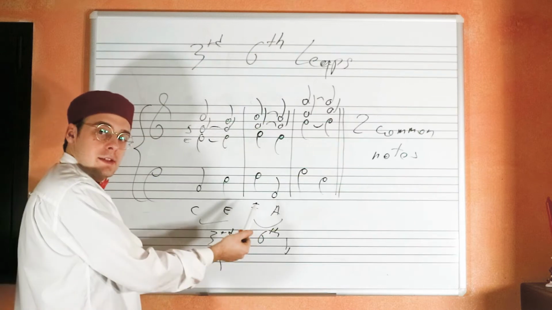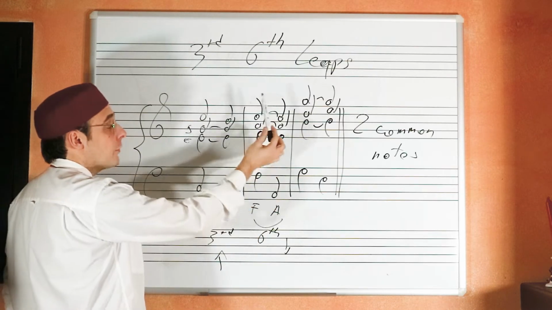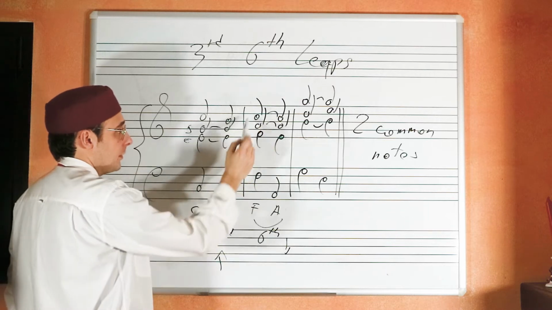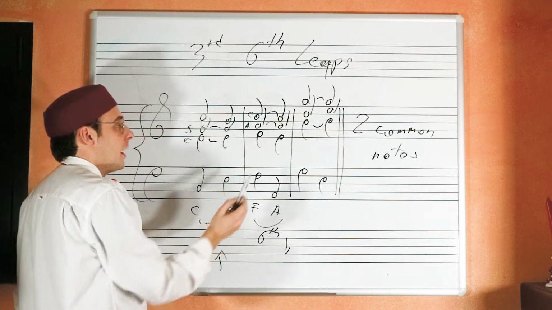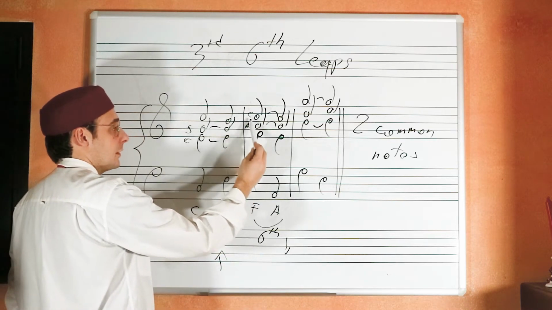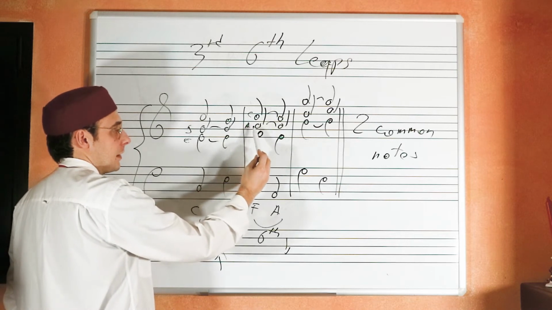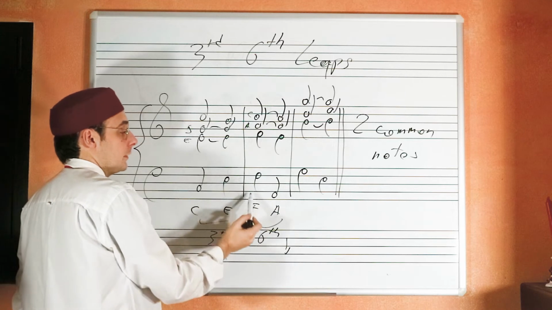So also in this second example we have two common notes. In this case, we have the C and A. C is in the upper voice and A is in the altus, in the same voices in the first and in the second chord.